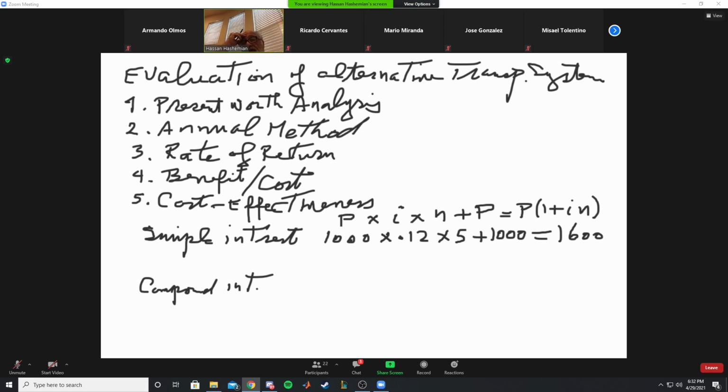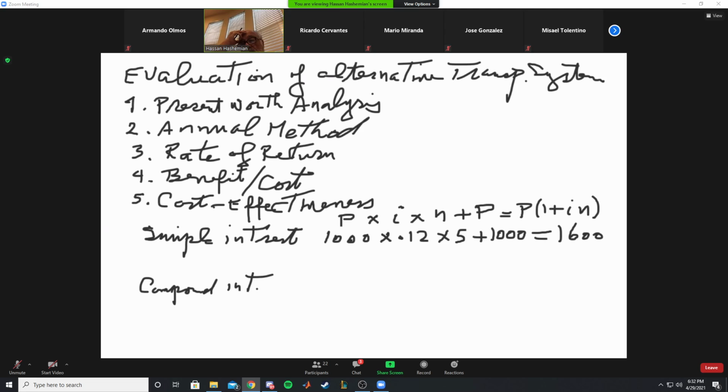But simple interest, we hardly use it because every agency likes to do compound interest. Because on compound interest, let's say $1,000 that you make 12%, you make $120 in the first year.